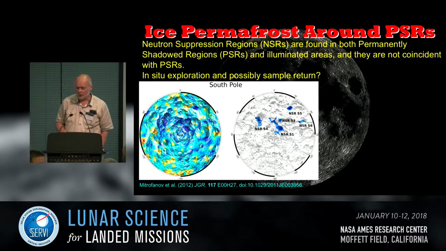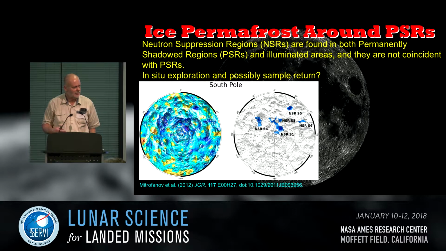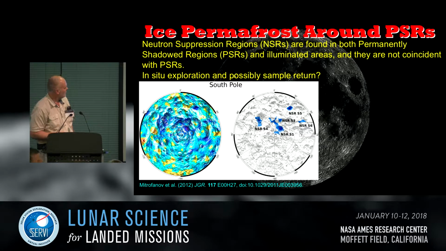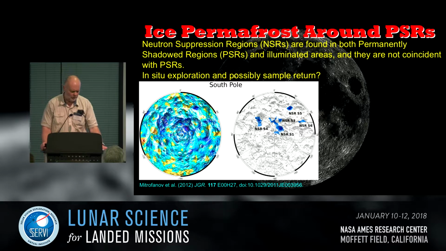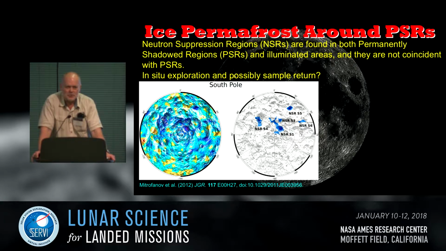If we look at the data that we have, we're using these neutron data. They have a very large footprint, and it seems they're in and around some of these permanently shaded craters or shaded regions, and they're called neutron suppression regions in some of the LEND papers that have come out. The important thing here is that volatiles are notoriously difficult to sample and preserve.